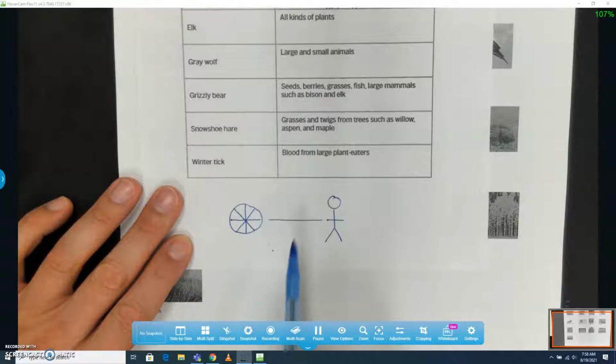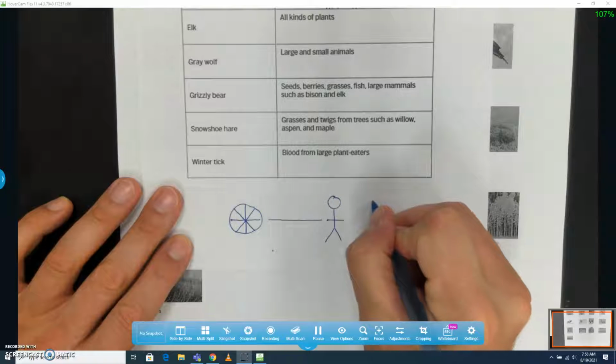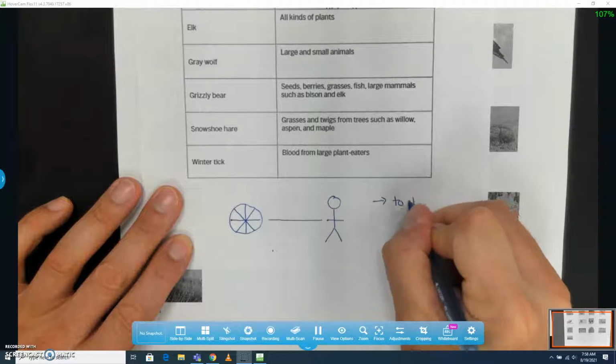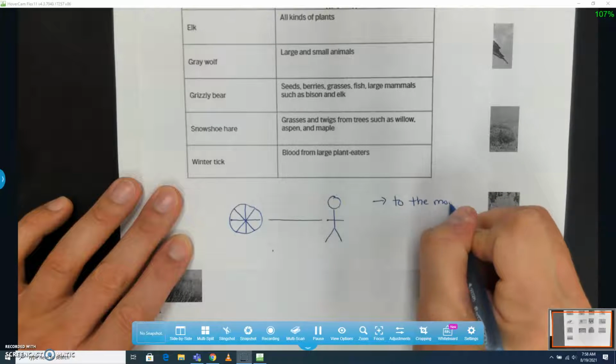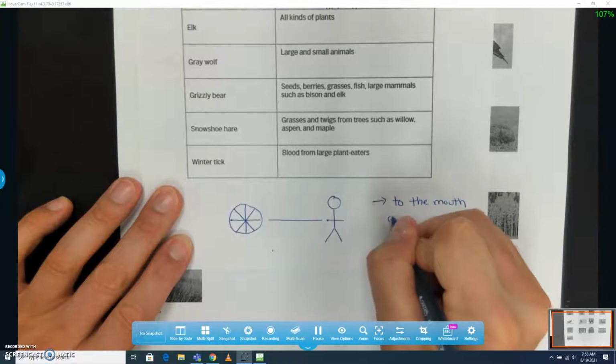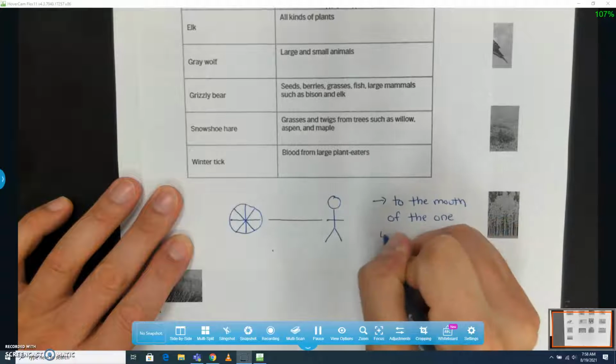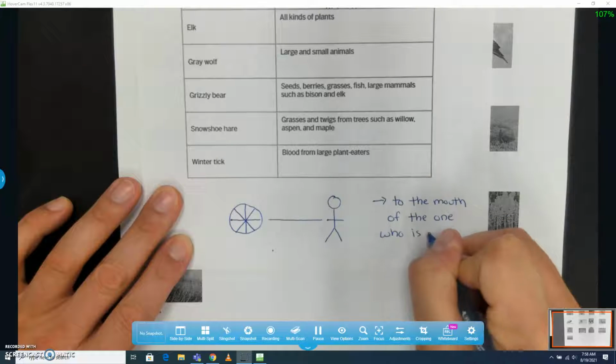And I don't see many students getting this line wrong. It's where does the arrow go? The arrow points to the mouth of the one who is eating.